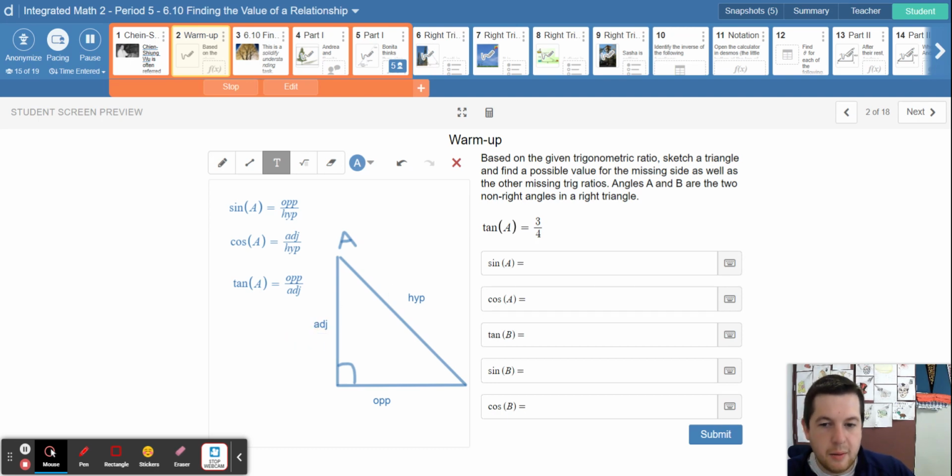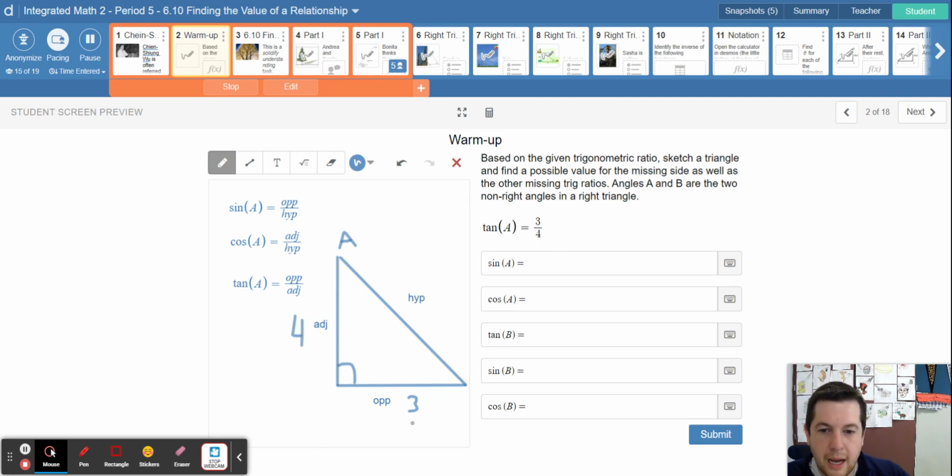Now I can go to my trigonometric ratio here. Tangent of A is equal to 3/4. So that means my opposite is 3, because the tangent is opposite over adjacent, and my adjacent is 4. So on here, my opposite, this length, is 3, and the adjacent is 4.